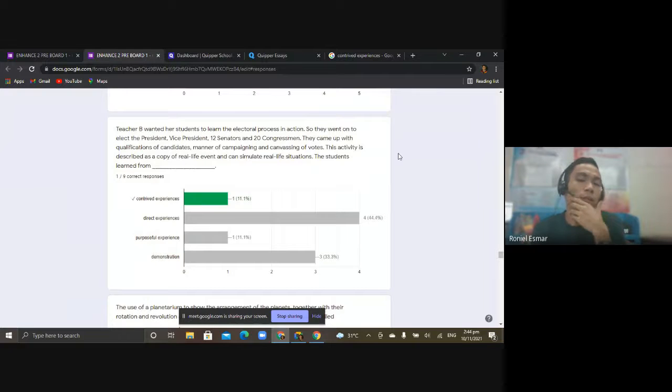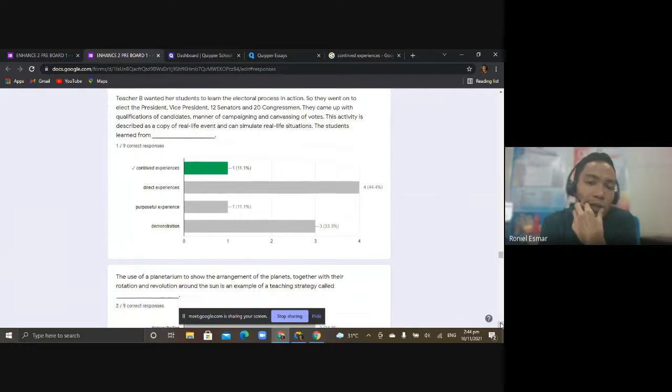Therefore, the correct answer is contrived experience, because they simulated a real life situation that they may possibly experience in the real setting. However, it is not the direct, real experience that they did. They only simulated the electoral process. Therefore, the correct answer is contrived experiences, or option number one.